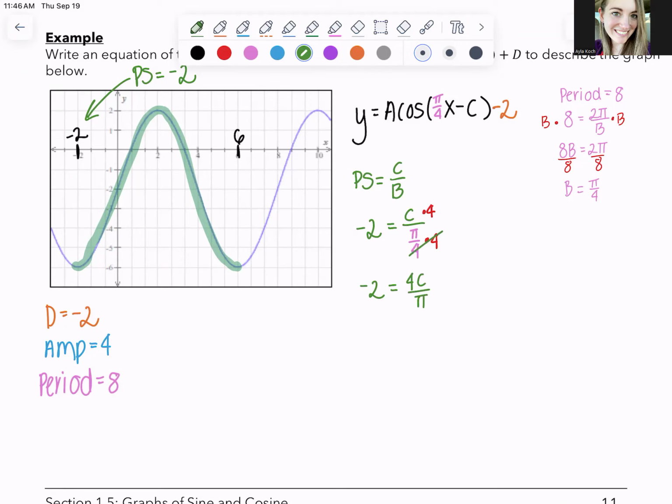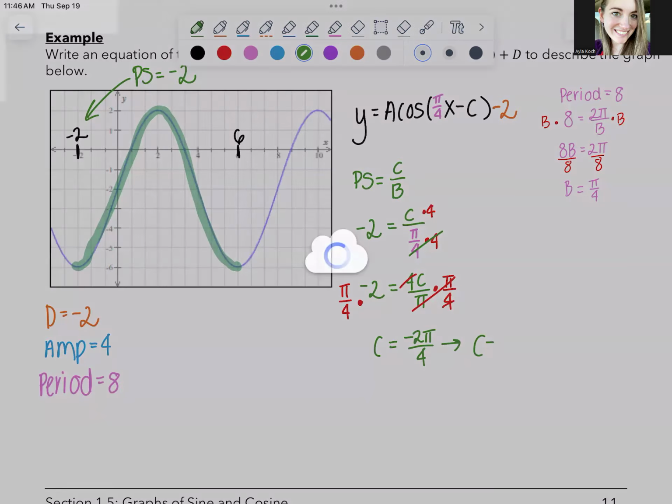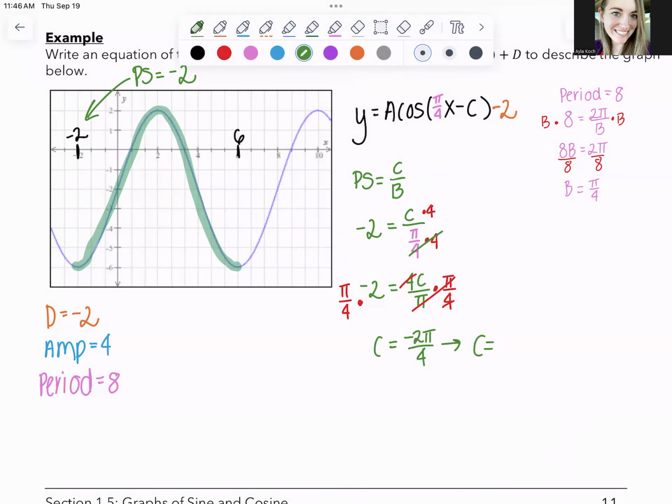To get C by itself, I will multiply both sides by pi over 4. It cancels the pi's, the 4's cancel. You're left with C is equal to -2 pi over 4, which simplifies to negative pi over 2.